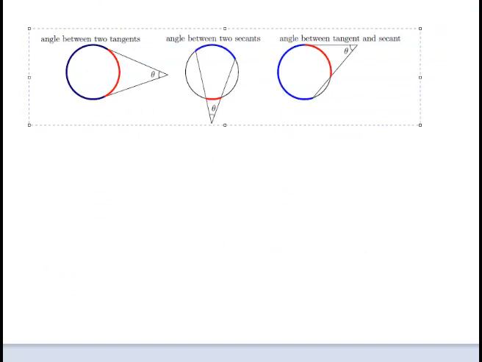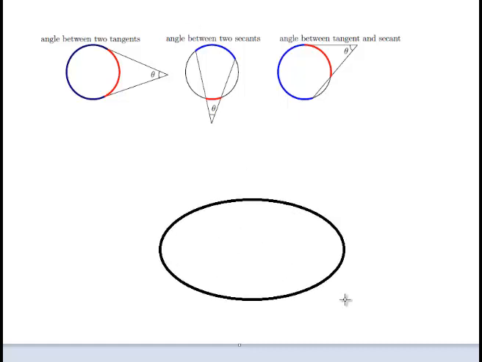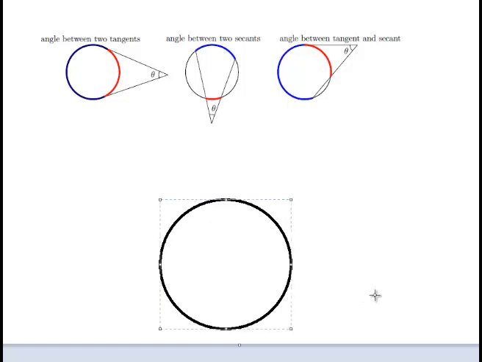For example, let's draw a circle that's separate. Let's draw a nice little black circle, and let's do an inscribed angle instead. An inscribed angle would look something like this. And just like in the other diagrams, let's color the arc that it sweeps out blue.